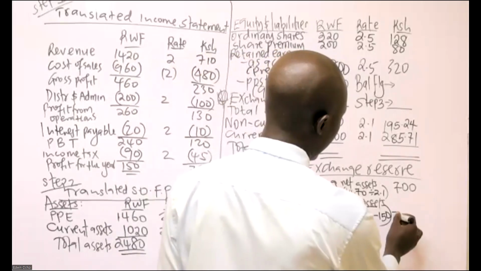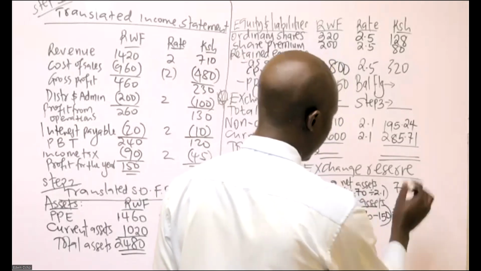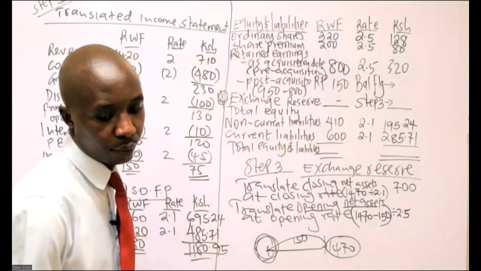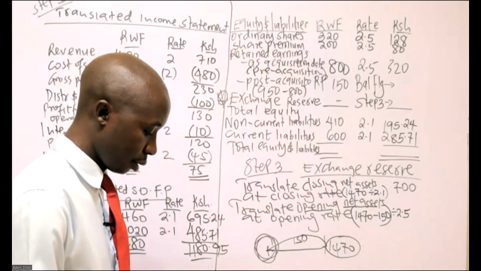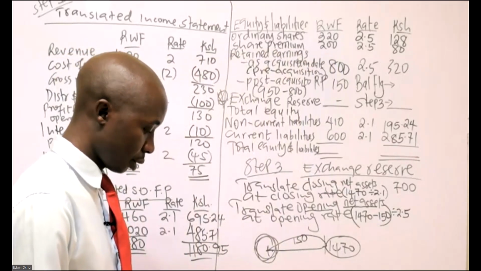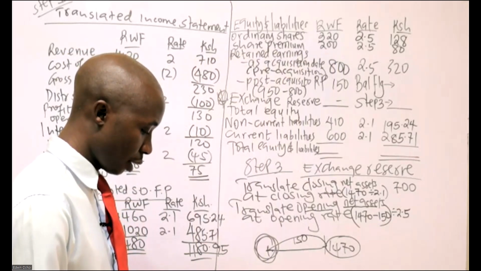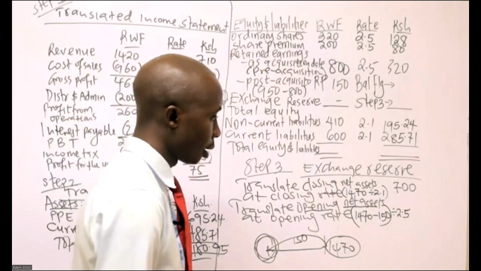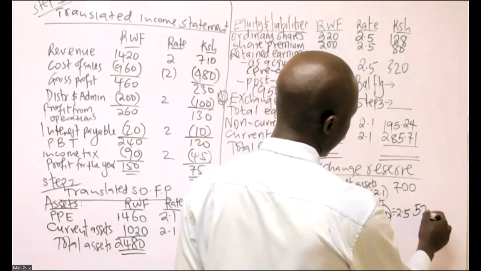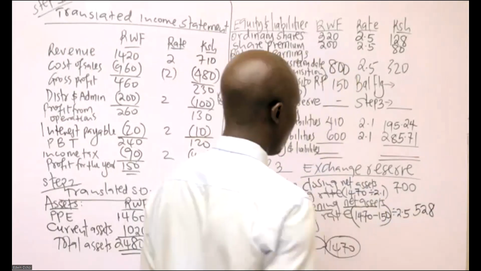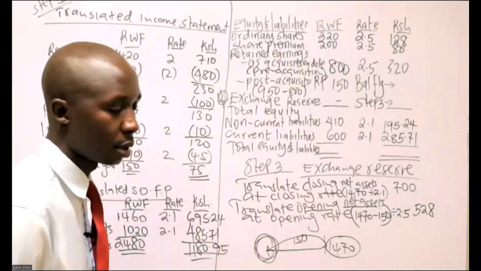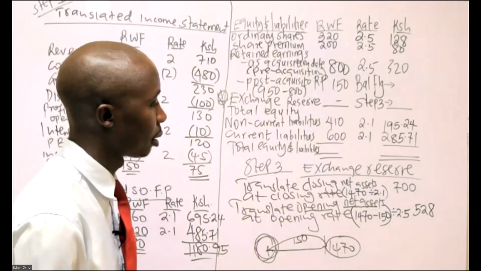So divide by 2.5 here. So 1470 minus 150, divided by 2.5, is 528. So these are the opening net assets we have translated.